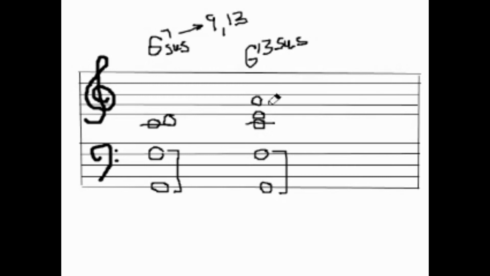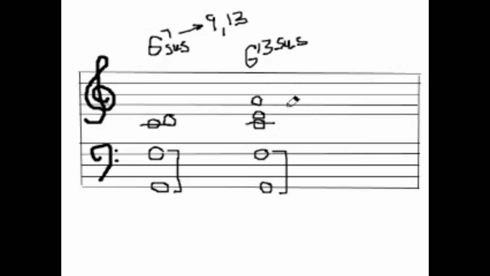Okay, so here we could have just added an A and not the 13th first and just had a G9 sus, and here's what that sounds like. Okay, a little more flavor, but when we add the 13th it even sounds better. So you might have a 5-note ensemble.